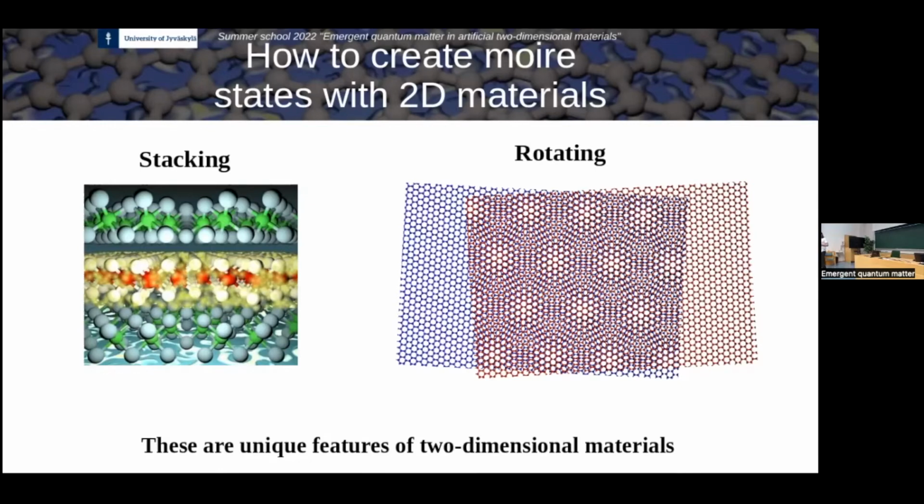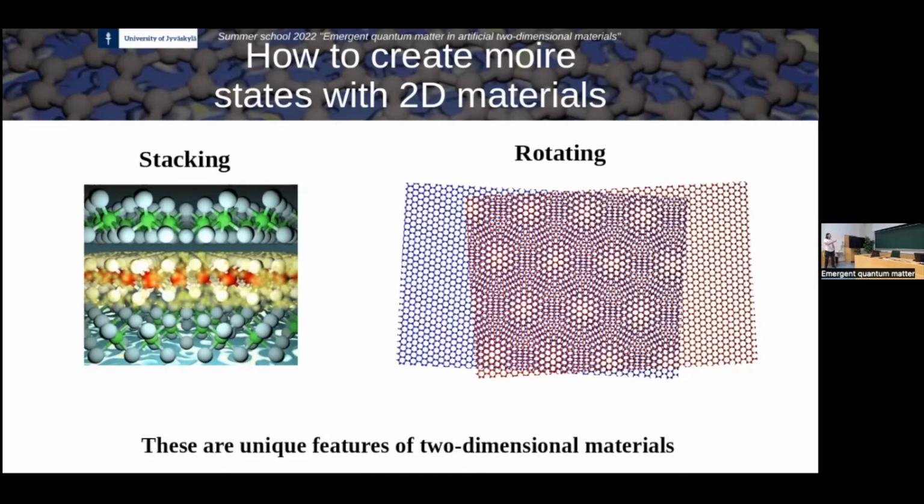Of course, all the phenomenology that we saw in the previous session, like superconductivity, magnetism, and so forth, also appears in three-dimensional compounds, and also appears if you grow, let's say, a single unit cell of a two-dimensional compound on top of a substrate. But the emergence of Moiré states is actually intrinsic to two-dimensional materials, and it stems from the very weak chemical forces between the different layers of your two-dimensional material.